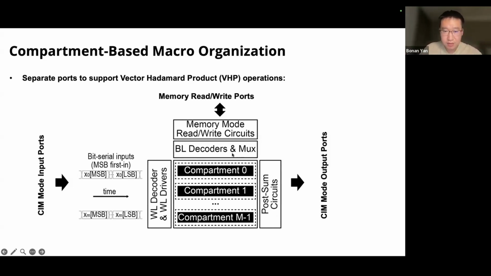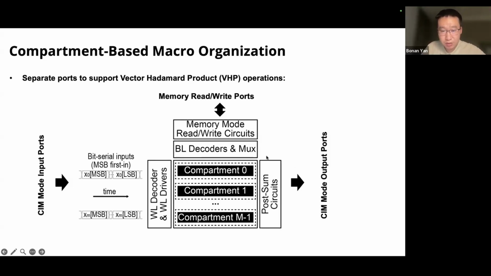Around it are the normal memory circuits like bitline decoders and MUX, the memory mode rewrite circuits, the write drivers, the sense amplifiers, and also the revised wordline drivers we will see later, and post-sum circuits for the VHP computation, the in-memory computing circuits.